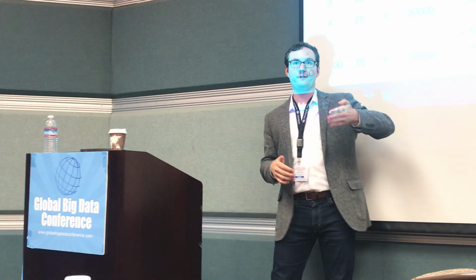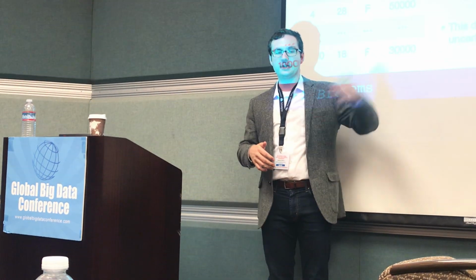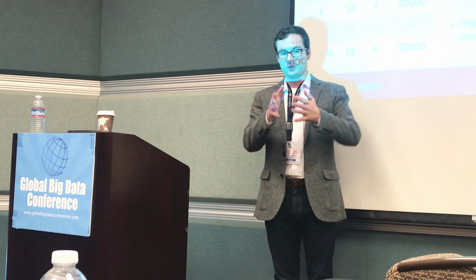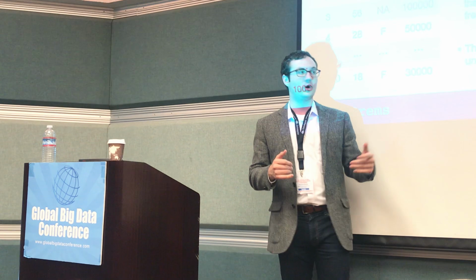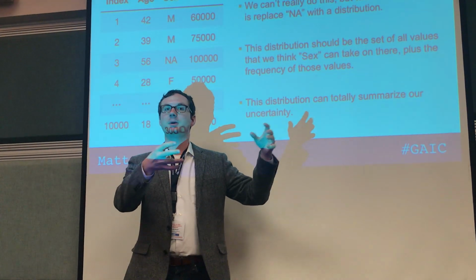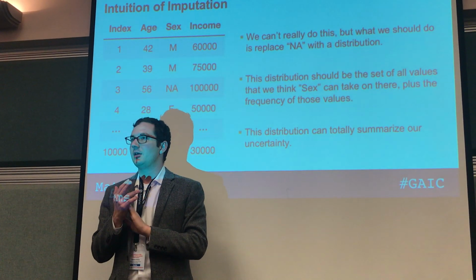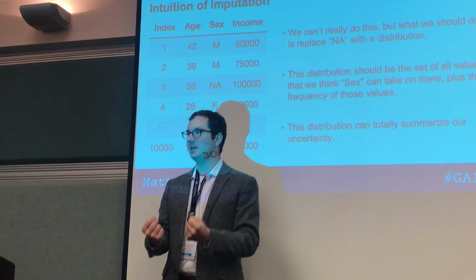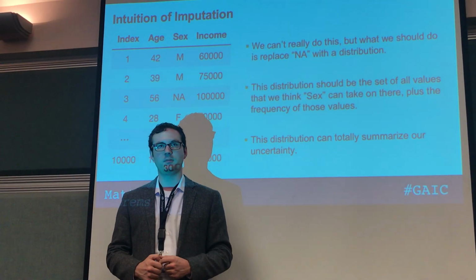Rubin's Rules has a set of rules for you to take your beta 1 coefficient on each of those 10 models, your beta 2 or your beta naught or whatever for each of those 10 models, and combine them together. Or if you get confidence intervals for each of those beta 1s, Rubin's Rules will tell you how to combine those together. That will allow you to summarize the total uncertainty in your data based on what you know.